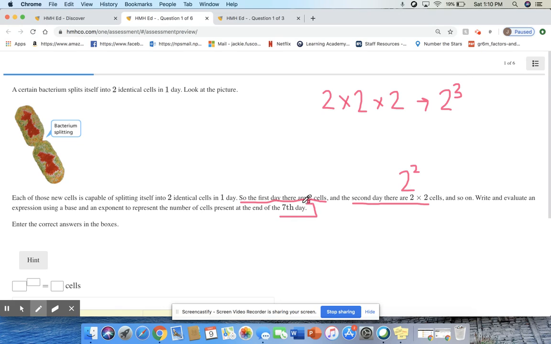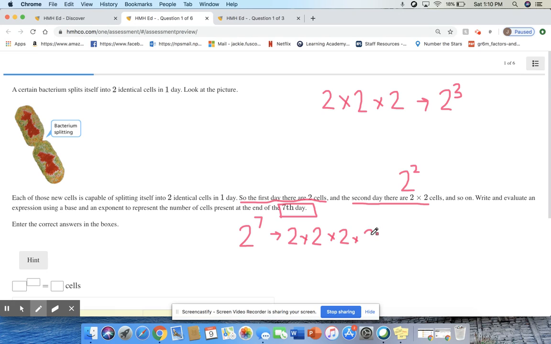What do you think it's going to look like on the 7th day? Well, it's going to stay 2 being the factor, and then on the 7th day, my exponent will be a 7, because, let's take a look. This was my second day. I had 2 times 2. My third day was another 2.